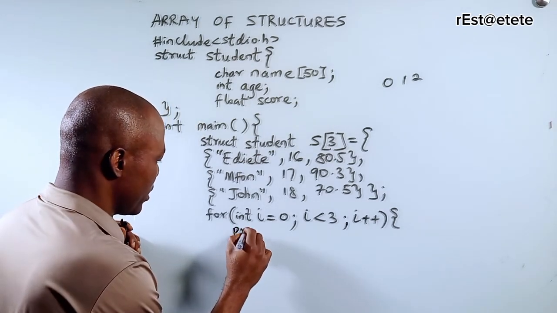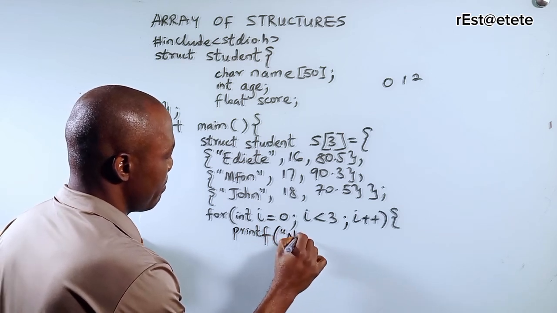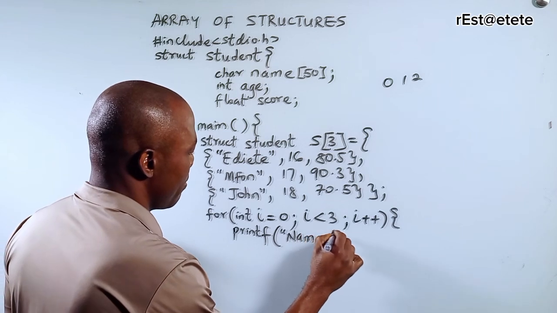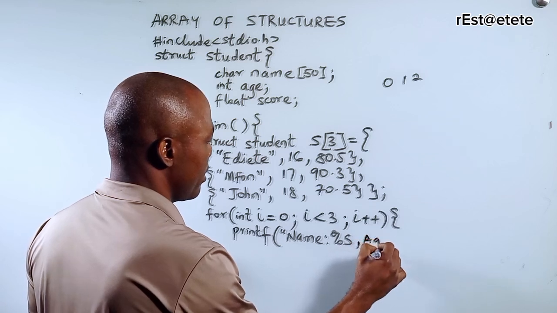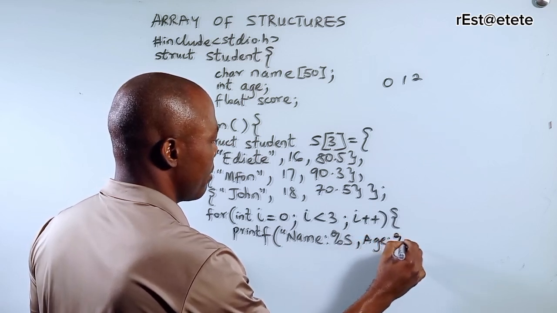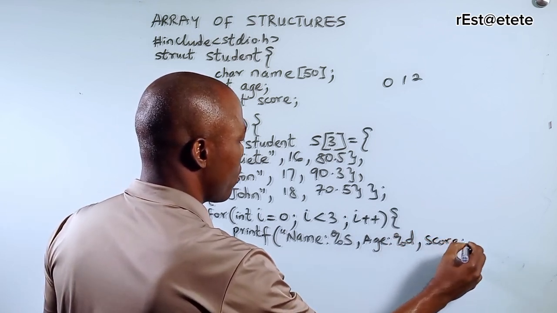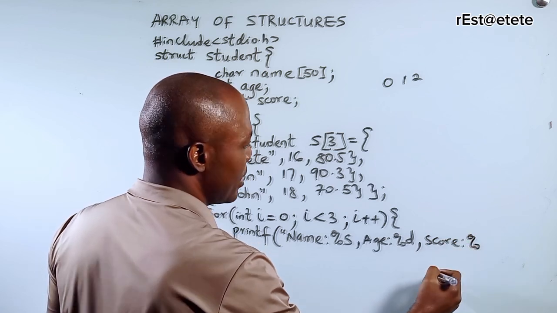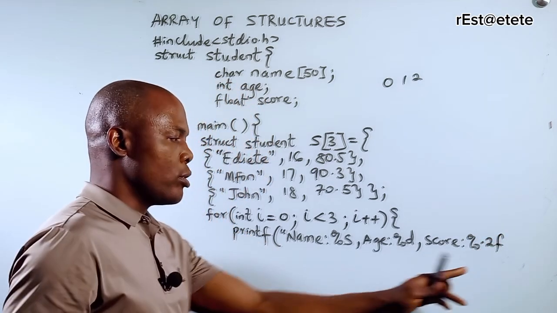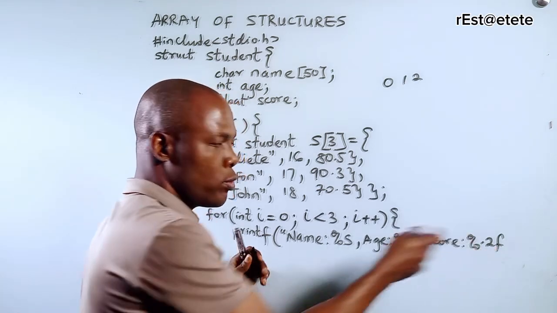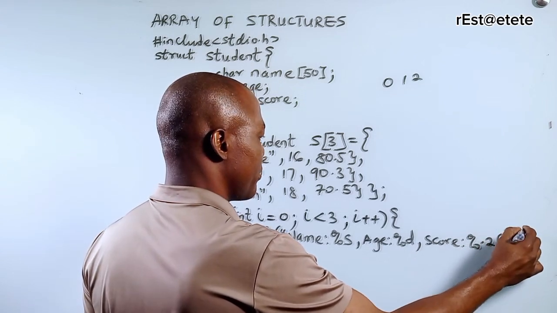Inside our for loop, we are going to bring in our print function. So inside this for loop, we'll say printf name %s, comma, age %d, comma, score %.2f, that is 2 decimal places in float. Float will usually return 6 decimal places, so I'm reducing it to 2, slash n.